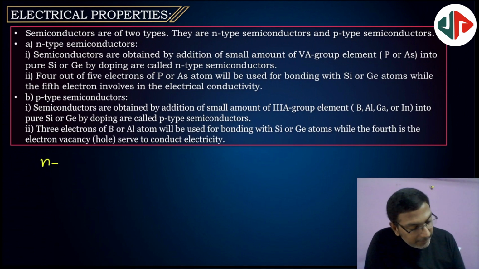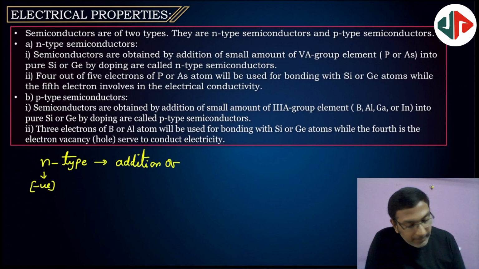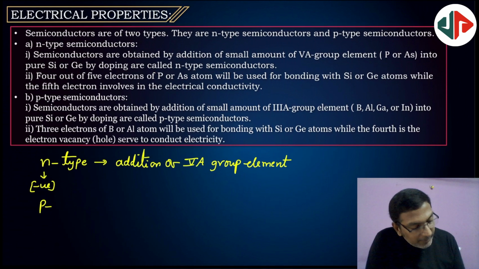So N type will be obtained by addition of a fifth A group element. N means negative, remember. Next, P type means positive hole.